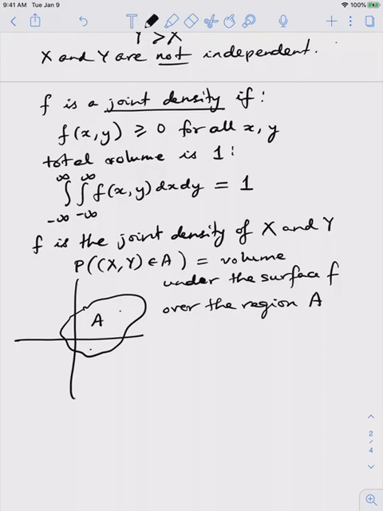Above the plane and above A, there is your wavy sheet surface, and you have to imagine the volume under it.